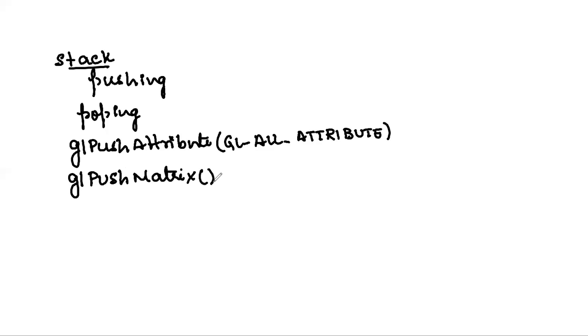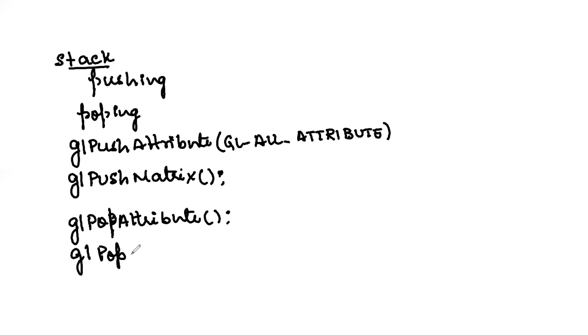Similarly, as I have for pushing, I also have instructions for popping, that is glPopAttrib. For popping, we need not write any arguments because the element on top of the stack will be popped. Similarly, it is glPopMatrix, with a small p here. So these are the functions in relation to the stack.